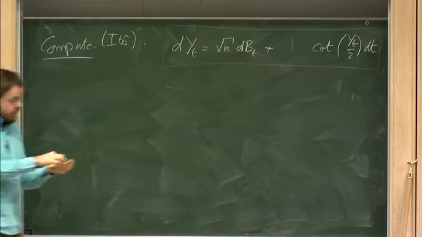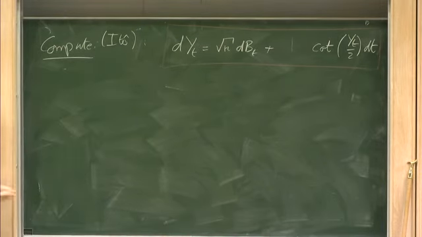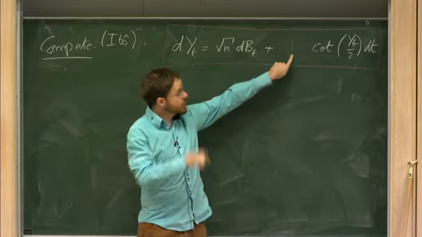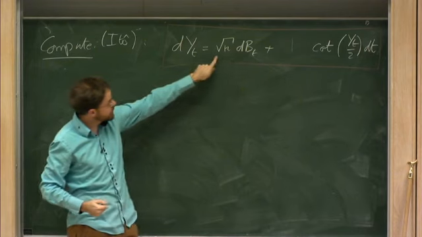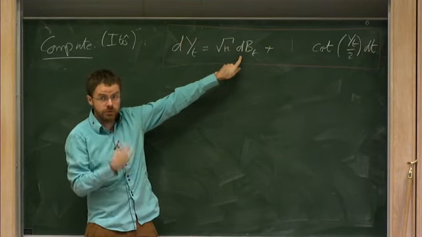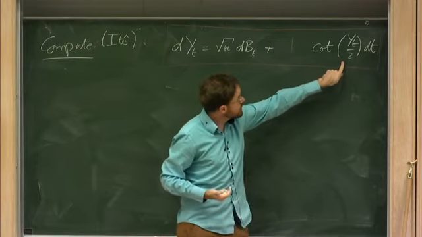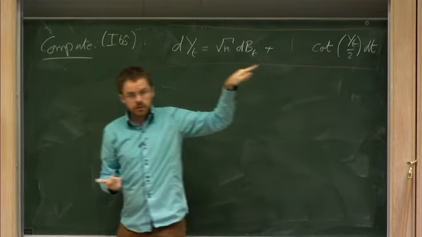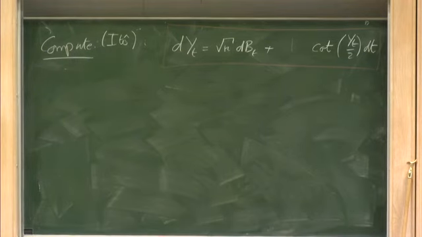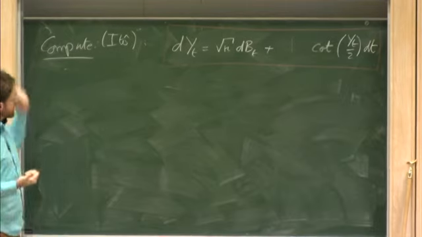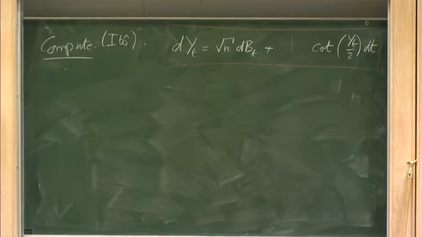And by the way, one way to remember that the constant is 1 is to look at the local behavior at 0. And at 0, you get the square root of kappa times dB_t, which is the Brownian term. And here you have something like 2 over Y_t. So locally at 0 it is the same process we used for the kappa equal to 4 phase transition. So this is the process that you get.